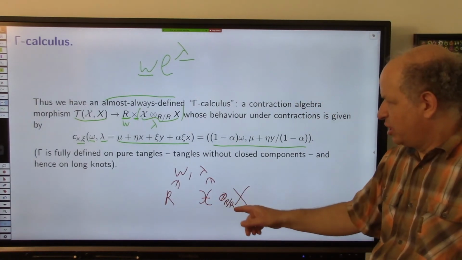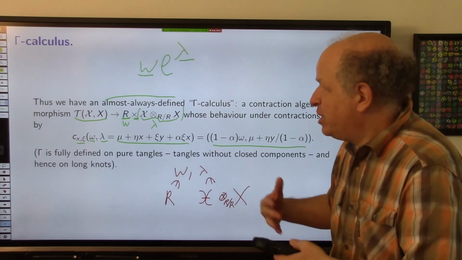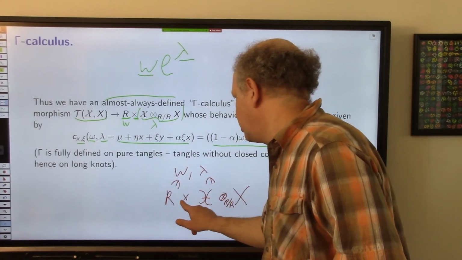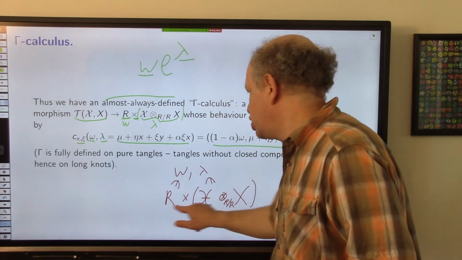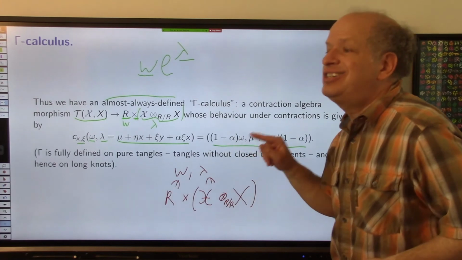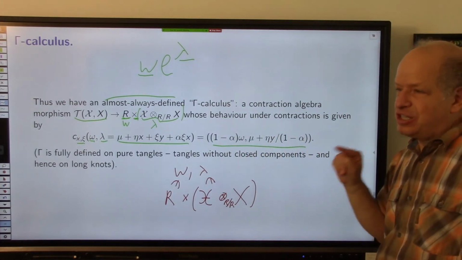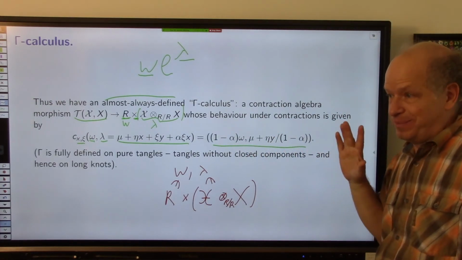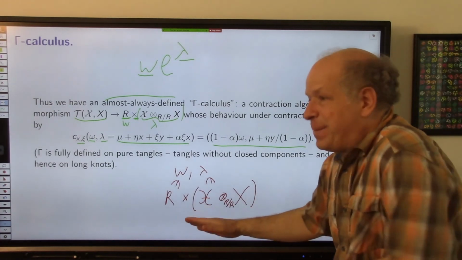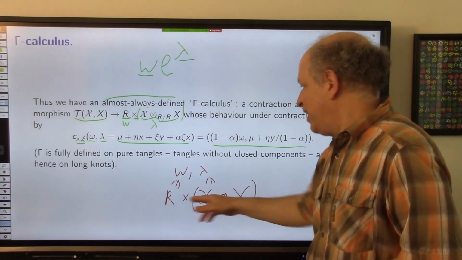Okay, so an element of gamma calculus is an element in this Cartesian product. This Cartesian product is not a linear space in any meaningful way. By chance, you can add elements here.